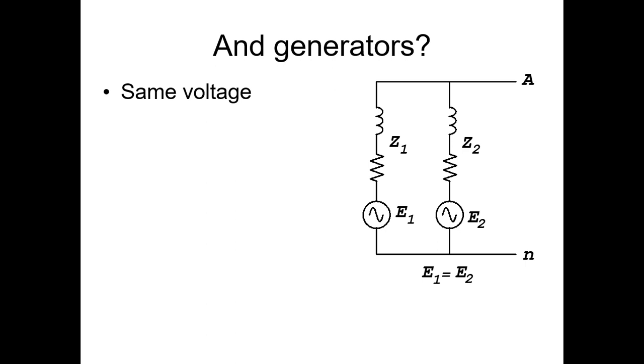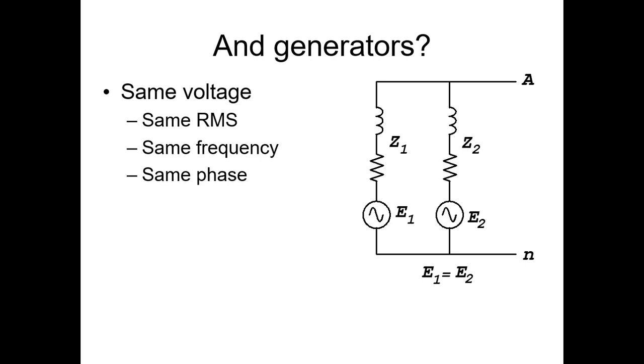So we manipulate the power of the mechanical prime mover to control the phase shift, and we control the current in the field to control the magnitude and make sure that they match. And then they have the same RMS and the same frequency and the same phase.